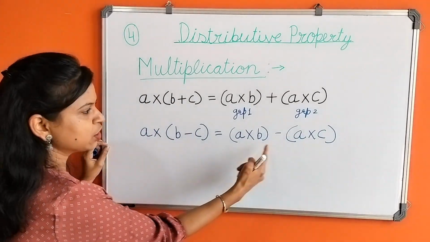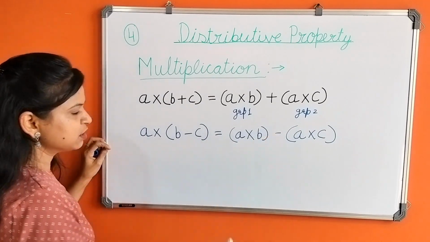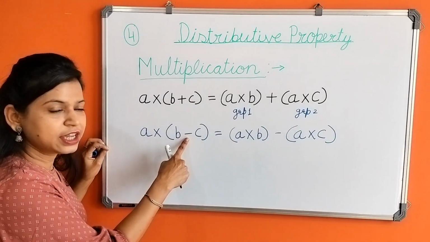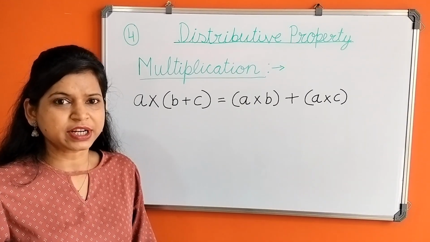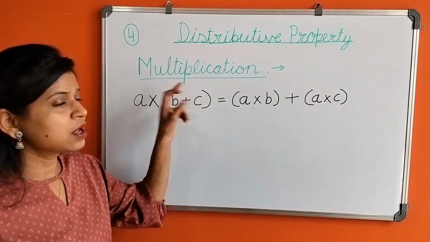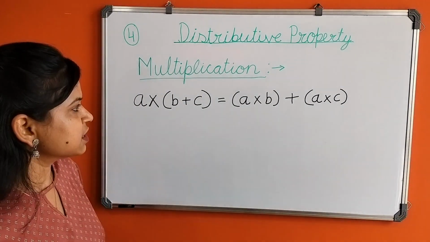So we have made two groups, group 1 and group 2, and there is a negative sign between both groups because here it is a negative sign. Remember, the distributive property is applicable only for multiplication, not for addition, subtraction and division.